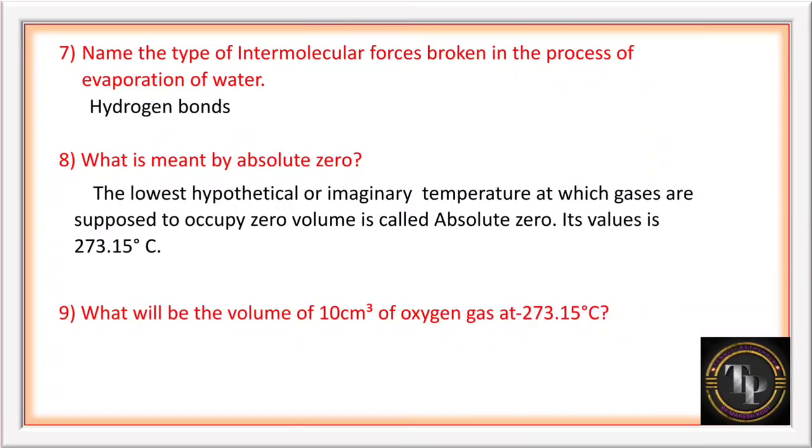What will be the volume of 10 cm³ of oxygen gas at −273.15 degrees Celsius? It is always zero, because absolute zero temperature is −273.15 degrees Celsius. So at absolute zero, the volume of 10 cm³ of oxygen is zero.